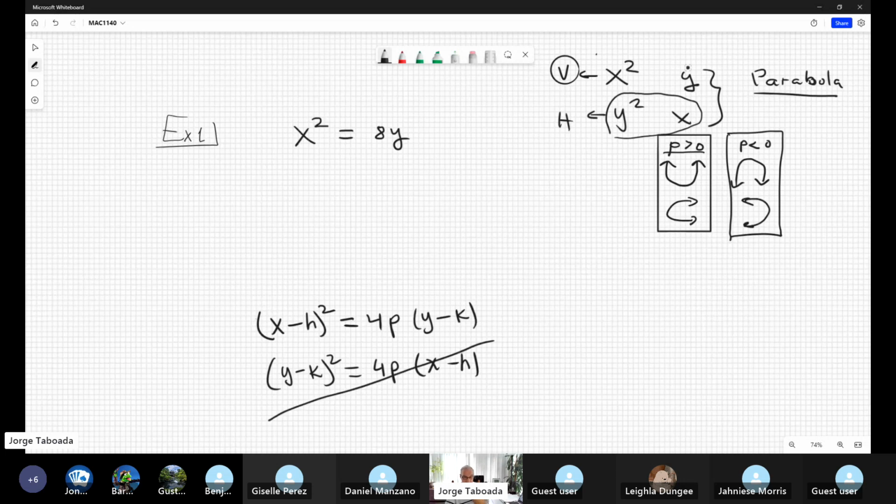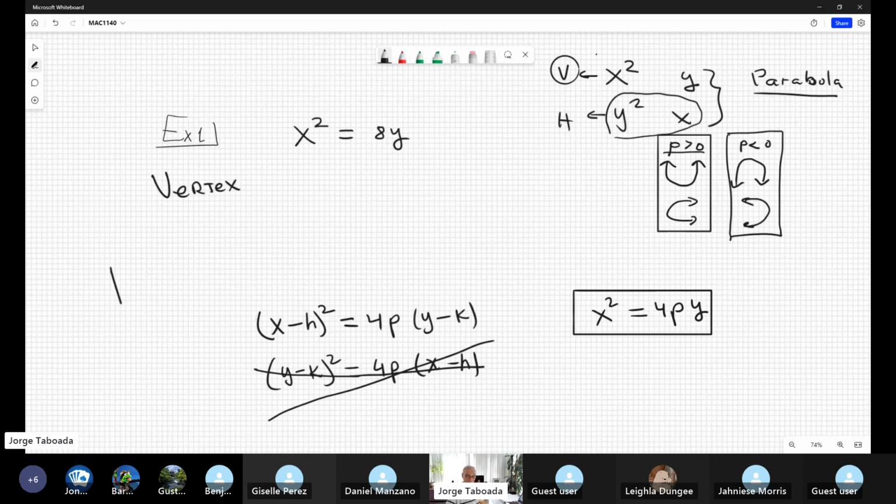It's obvious that the second does not apply in this example because the squared part is the x, not the y. So basically, if you see x squared equals 4p y, this is perfectly matching with this, in which h and k are 0.